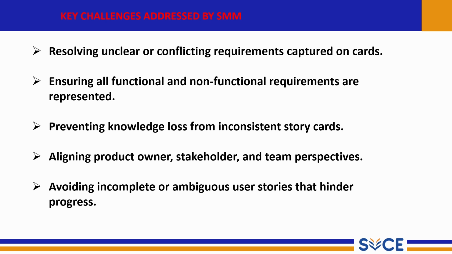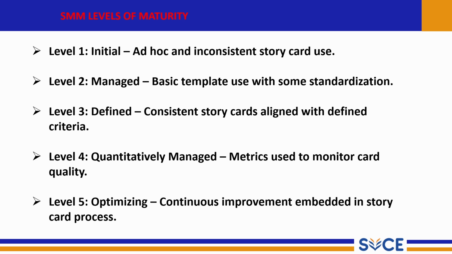It prevents missing important needs, preventing the knowledge loss from inconsistent story cards, and aligning the product owner, stakeholder and team perspectives. So, avoiding the incomplete, ambiguous user stories that hinder the progress. Next slide, we'll see the SMM levels of maturity.